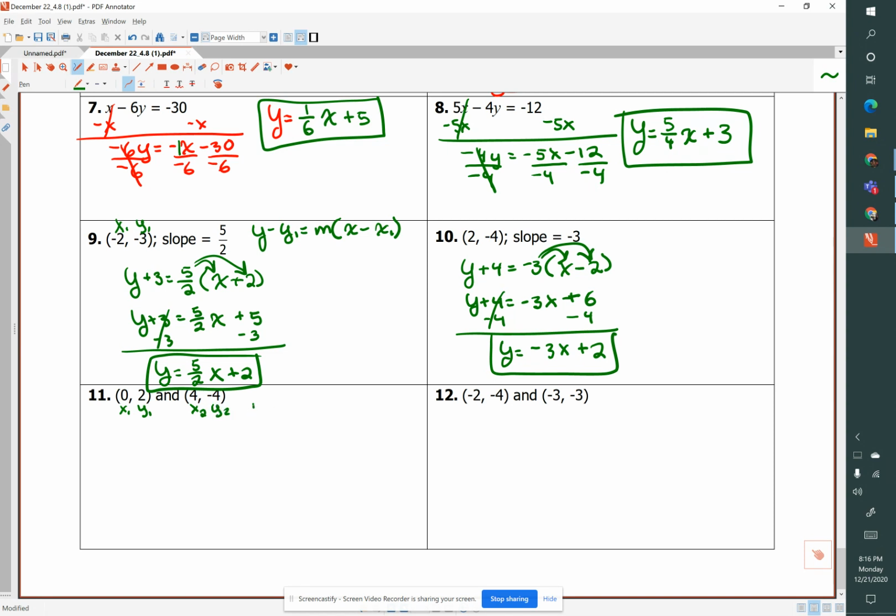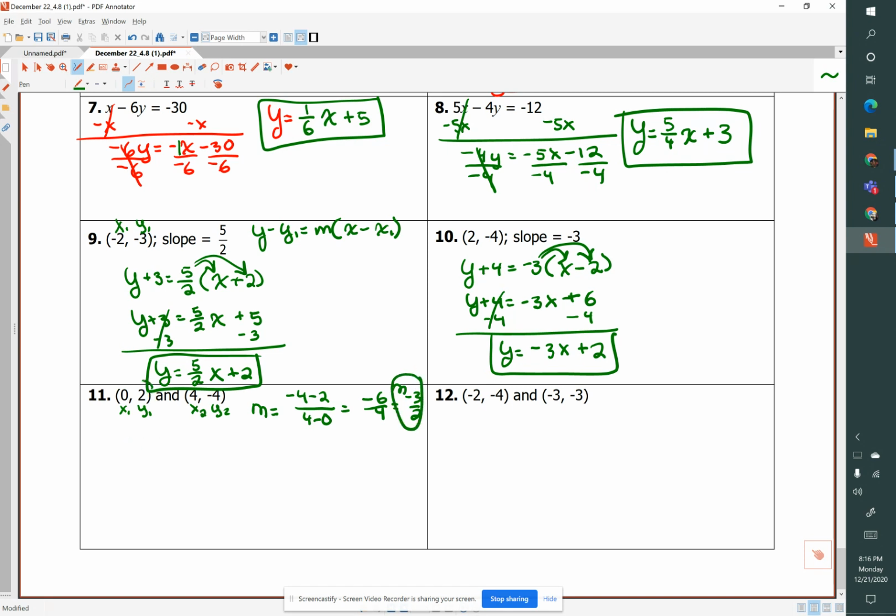So we have to use the slope formula. M equals negative 4 minus 2 over 4 minus 0, which would be negative 6 over 4, which reduces to negative 3 over 2. So this is our slope, negative 3 over 2.